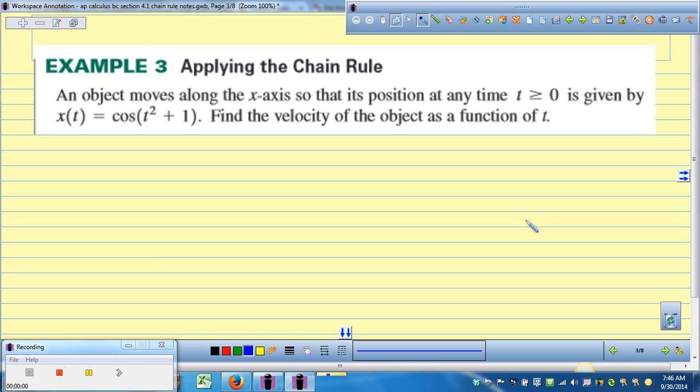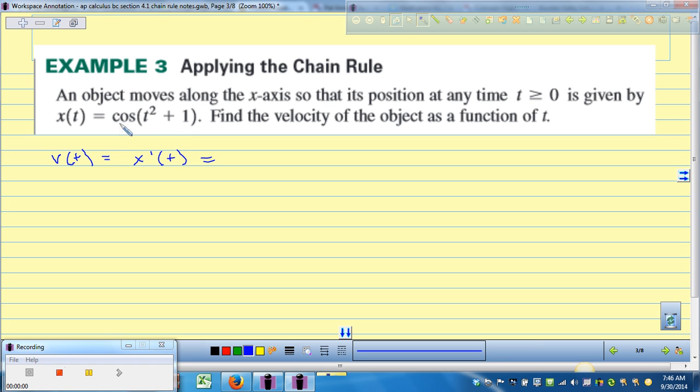All right, an object moves along the x-axis so that its position at any time t greater than or equal to 0 is given by x of t equals cosine of t squared plus 1. Find the velocity of the object as a function of t. So, how do I get from a position function to a velocity function? We take the derivative, so v of t is equal to x prime of t, and we have a composition, correct?